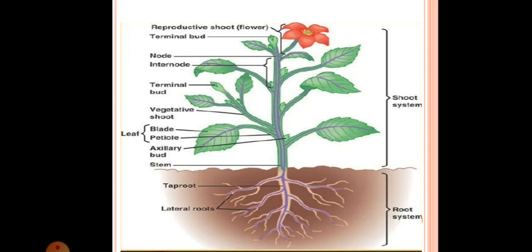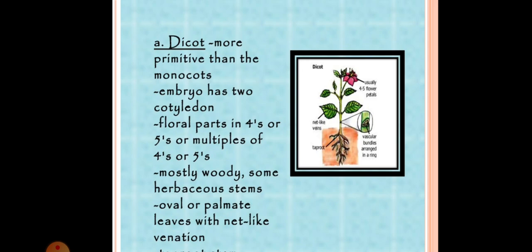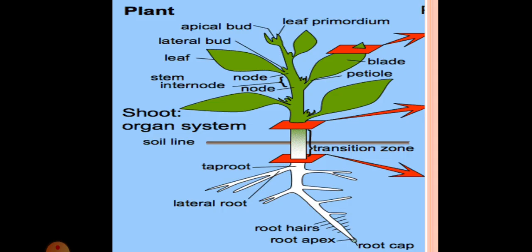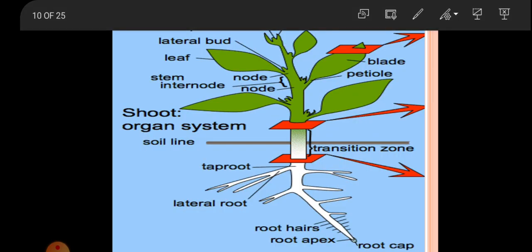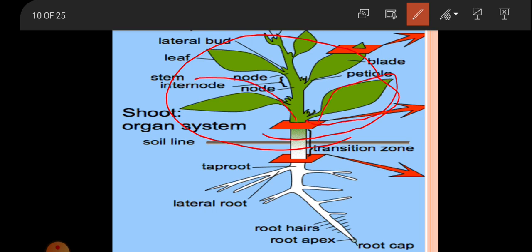The embryo in monocot shows a single cotyledon, while in dicot it shows two cotyledons. Here in the plant, the upper part shows the various branches, leaves, nodes, internodes, flowers, fruits, lateral buds, leaves.